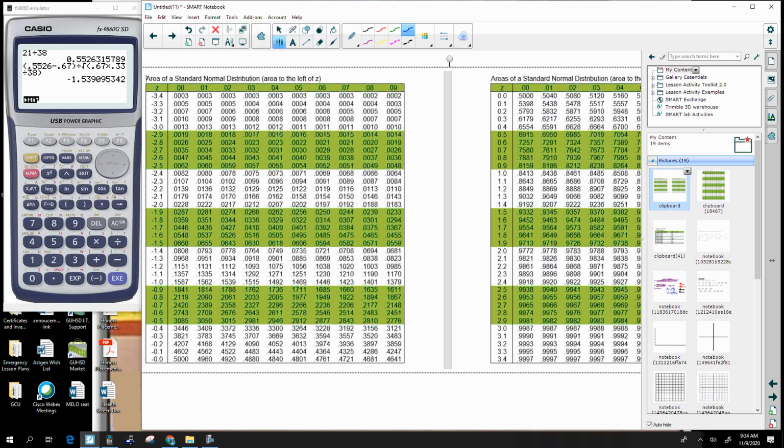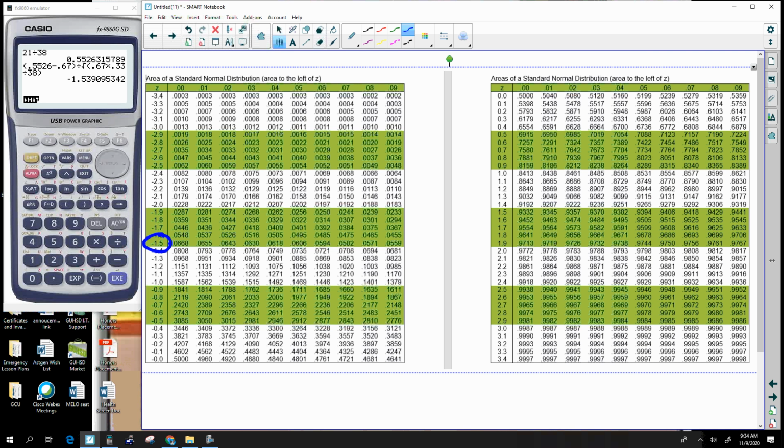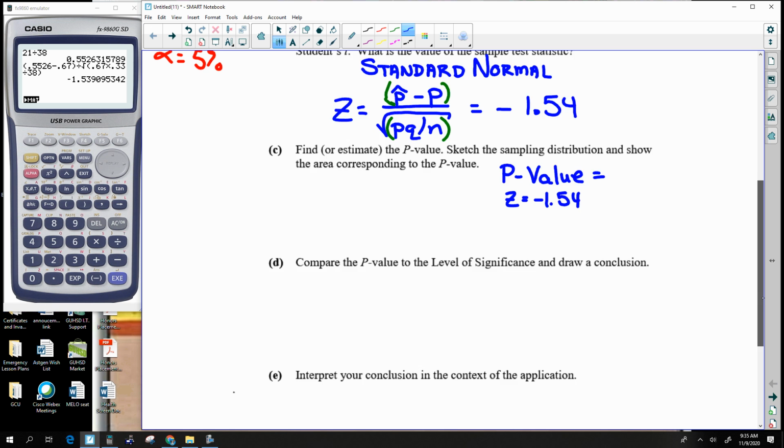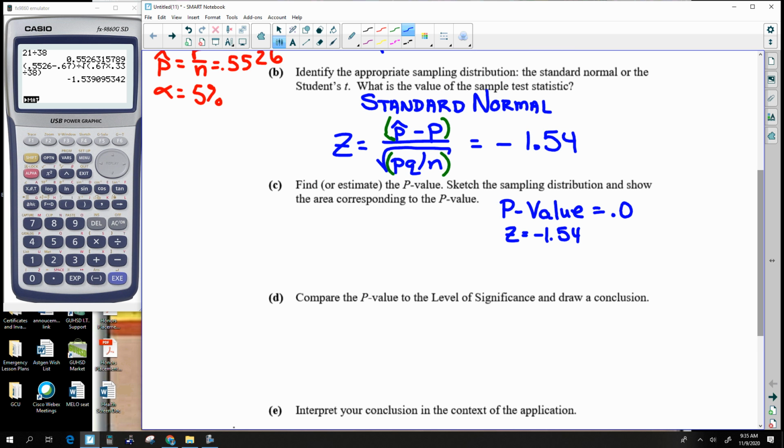So negative 1.54 gives 0.0618. Okay, that is my p-value.